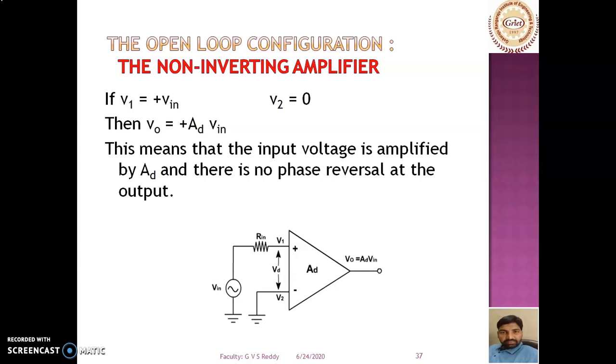Here AD is the open loop gain of the operational amplifier. This means that the input voltage is amplified by the open loop gain AD and there is no phase reversal at the output.